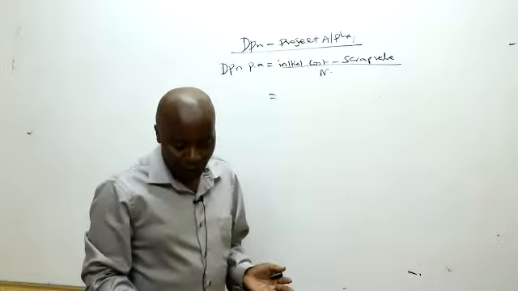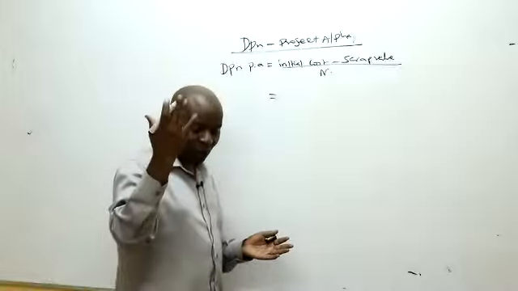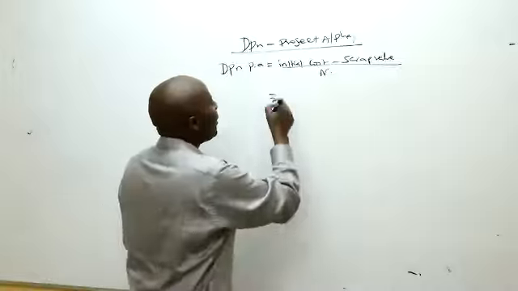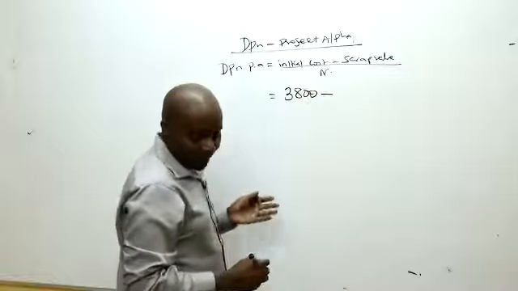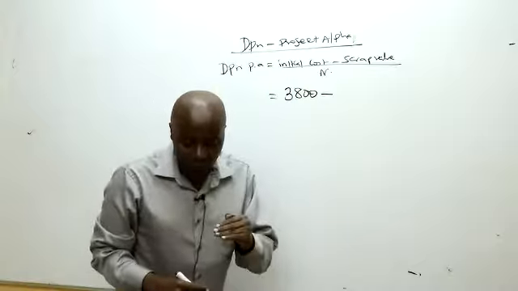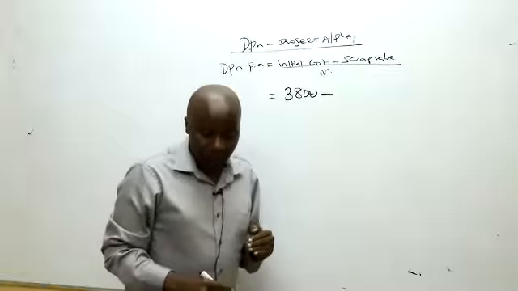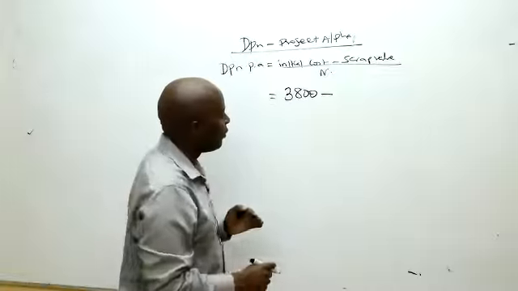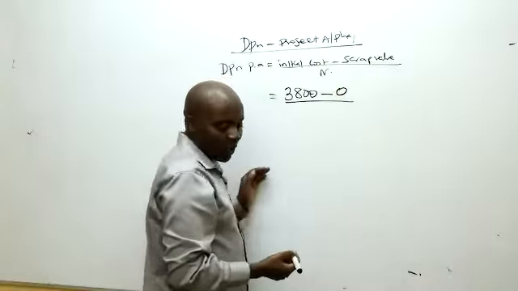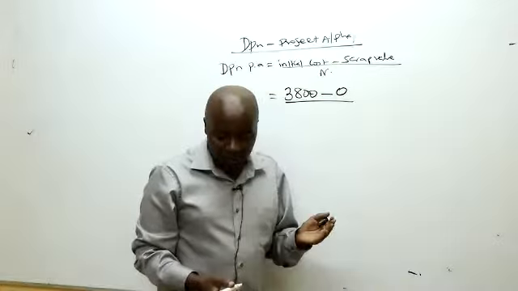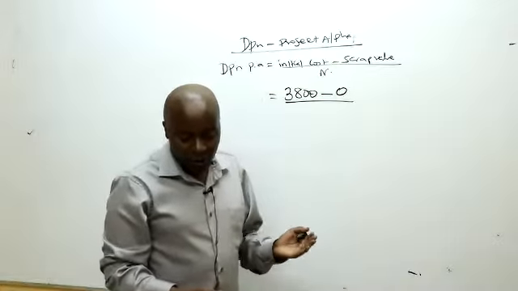So let's use shillings thousands just to be consistent with what is given up there. So in terms of shillings thousands, this will be 3,800 minus the scrap value as per note number 3. Both projects have a zero salvage value, so scrap value should be 0, divided by n, where n, as they've told us in note 1, is the project's lifespan.